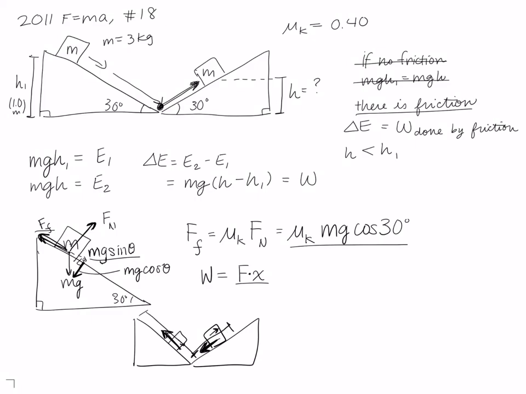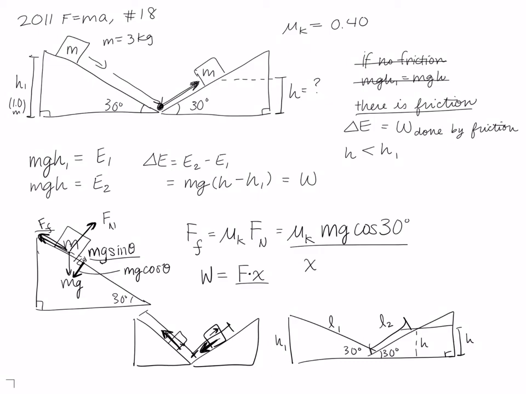So we want to find the distance here and the distance here. We can do that by geometry, because this is h1 at 30 degrees, and we want to find L1, and we also want to find some distance L2, where this is h, and once again this is 30 degrees.